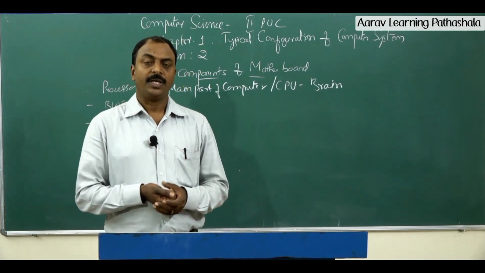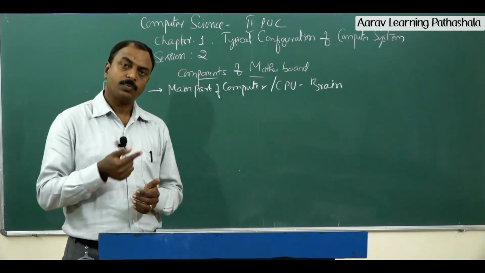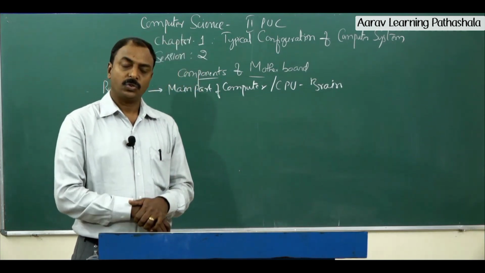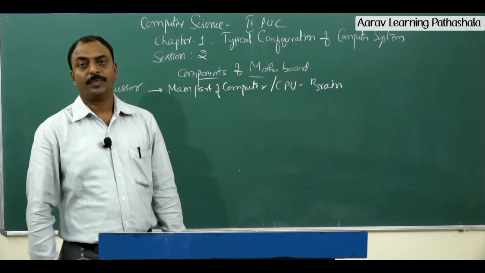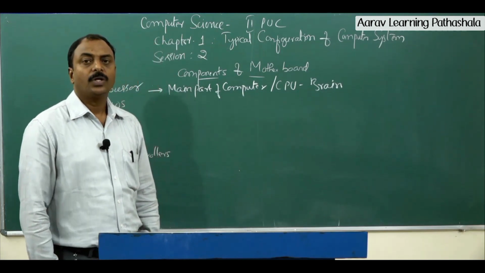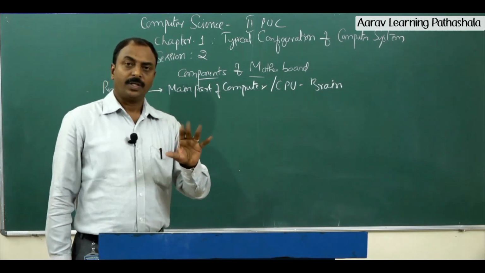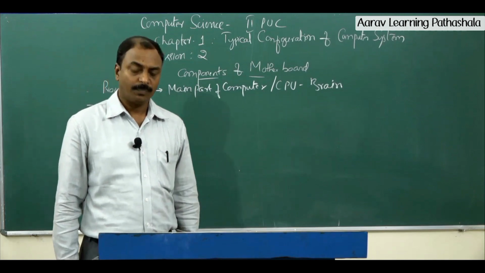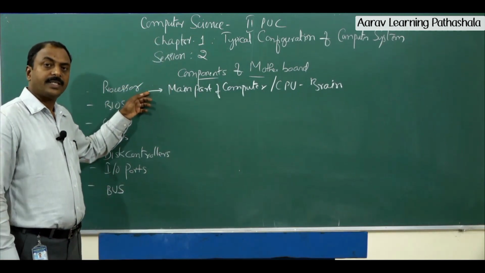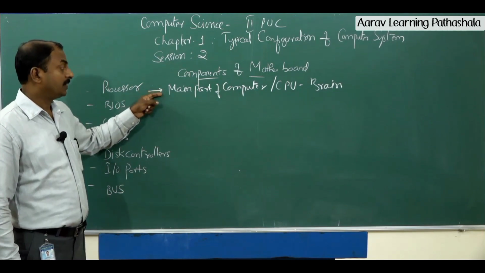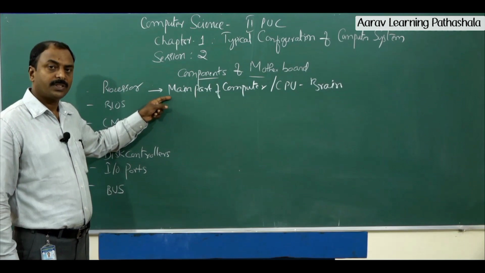After processing, the data along with instructions or information goes back to the memory unit for storing. Then the result or information is displayed on the output device. This is what you have learned with the help of the block diagram of computer. All these happenings take place inside the CPU or processor. That is why it is called the brain of the computer system.